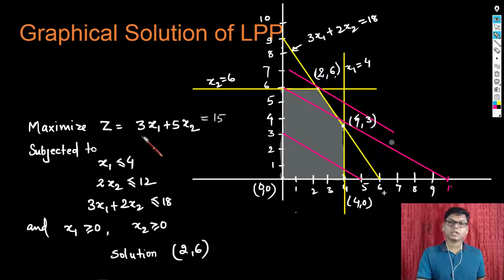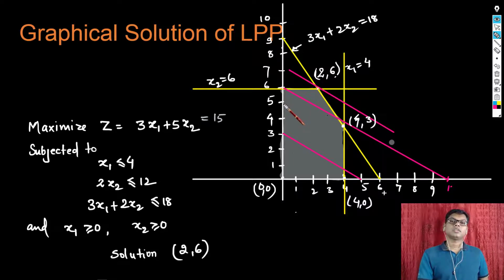But that is not the graphical method. Actually graphical method means that you use the graph to find the solution. So when you are translating this line, then it is passing through this point, and that is the last point in the feasible region, beyond which, as soon as it will cross this point, then this line will not have any point lying in the feasible region.